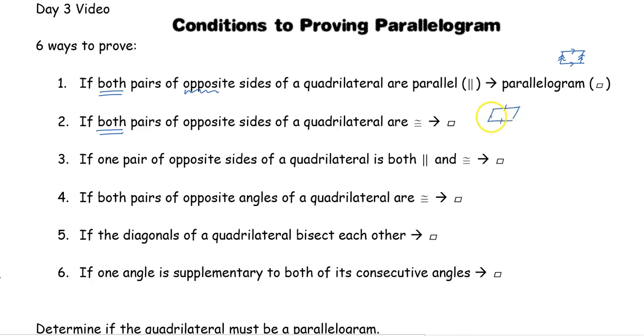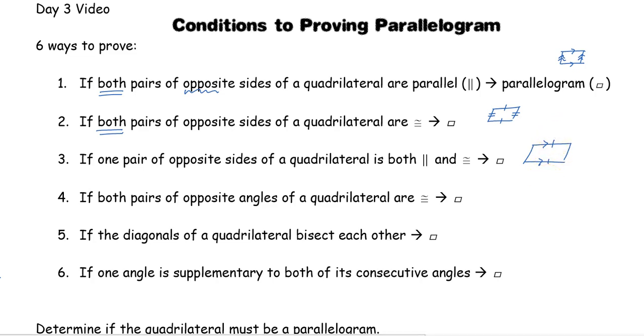So top congruent to the bottom, left congruent to the right. And number 3, now instead of being both, I need one, so we can just pick any one. Top, I need to be parallel to the bottom, and I need to be congruent to the bottom. So instead of both being one property, I need one set of opposite sides to be both parallel and congruent.